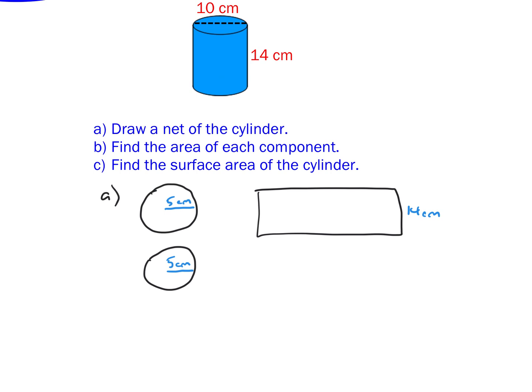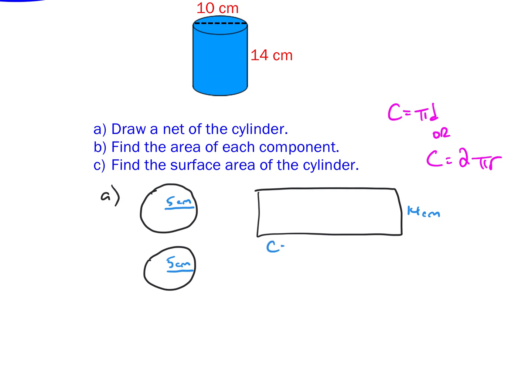And circumference of a circle is either pi times diameter or 2 times pi times r. Now, in this case, it really doesn't matter because we changed the diameter into the radius to help us figure out the area of those circles. So it really doesn't matter which one you use. I guess we'll use pi times diameter.